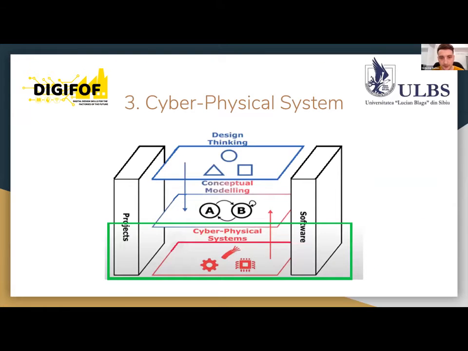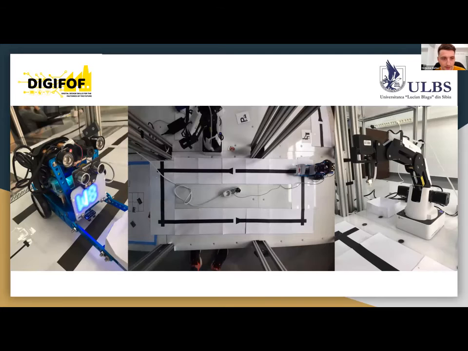Okay, and the third layer, the cyber physical system, is where the action takes place. So here we will see the mBot and the robotic arm doing their jobs. In the left picture, we have the mBot.